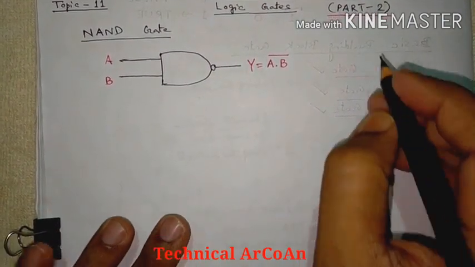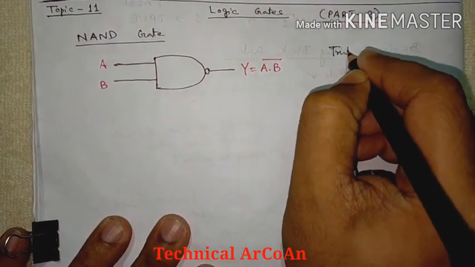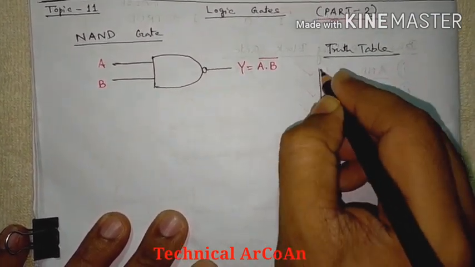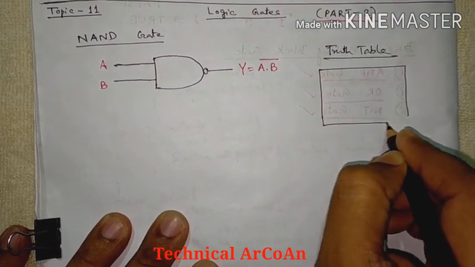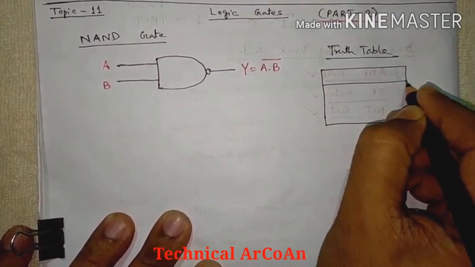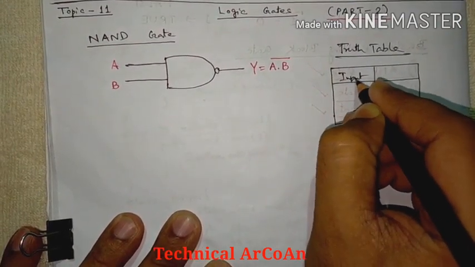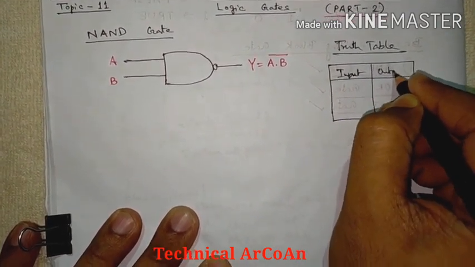If we draw the truth table for that NAND gate, what will be the truth table? Here two inputs, so this is the input part and this is your output part.